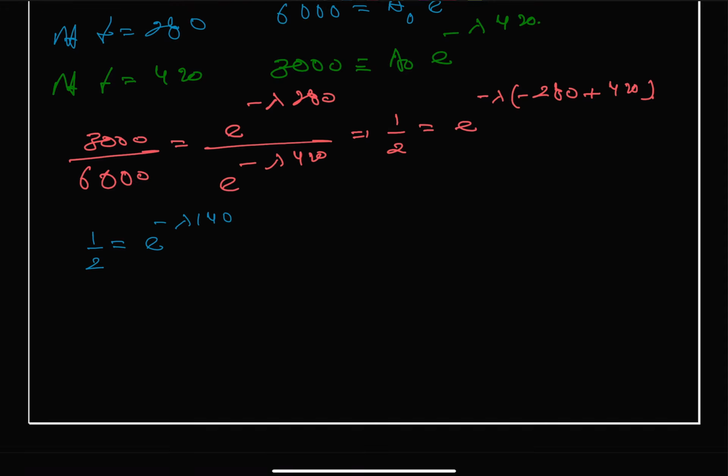1 by 2, e raised to power minus lambda 280, and this will be 1 by 2.